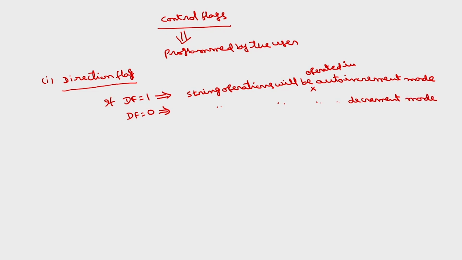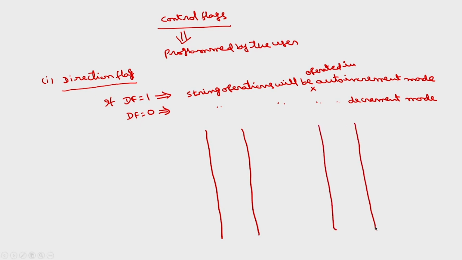String operations are basically used when you want to transfer a string of data from one set of locations to another set of locations. This is the source and this is the destination. So, I want to transfer 100 data from source to destination.